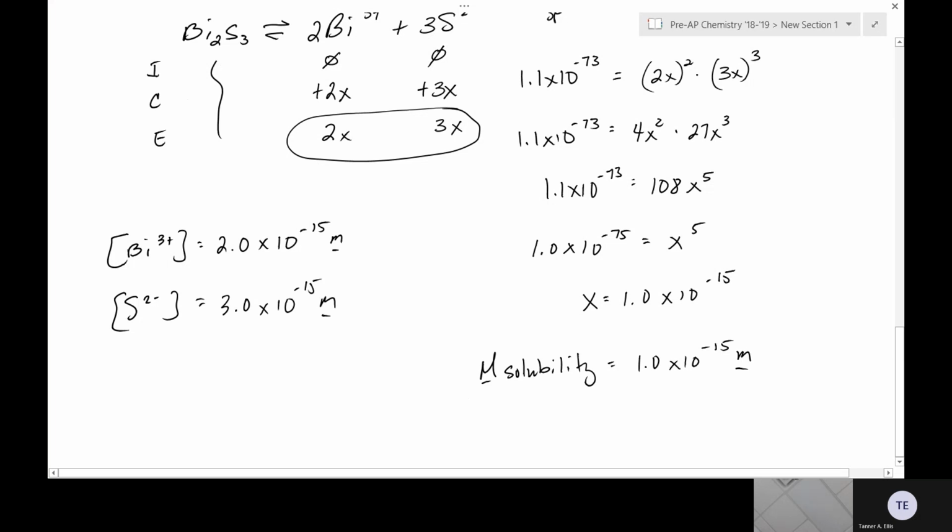All right, with me? So if you have an ion that's 1-to-1 with your compound, the molar solubility is the concentration of that ion at equilibrium, because it's just X. If it's anything other than X, you just multiply the molar solubility by that. It's just like doing stoichiometry. Okay, we good?